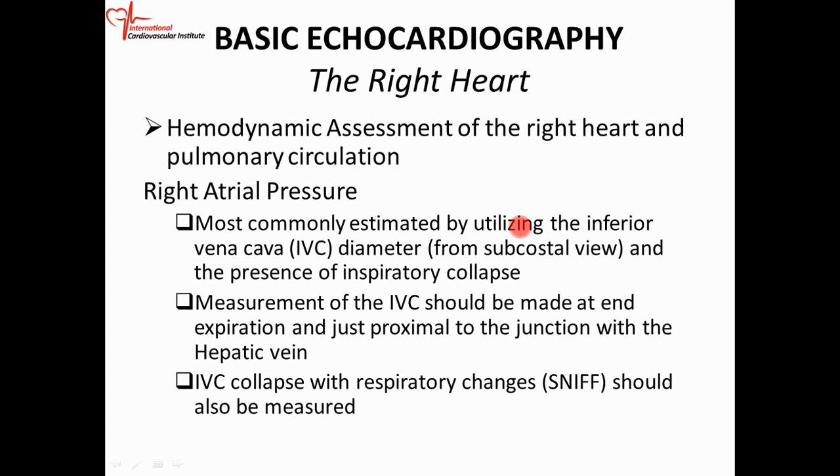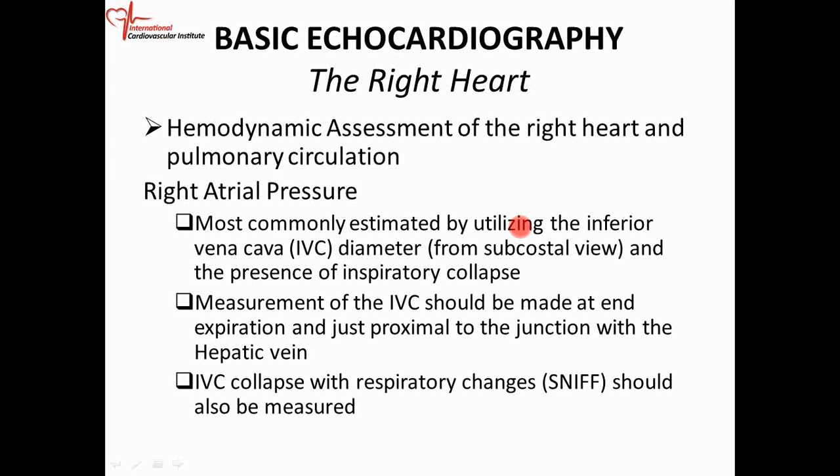So what they do, they measure the IVC, the inferior vena cava. Remember, the inferior vena cava empties into the right atrium, and when you do your subcostal view, you can see that. You should measure it just before the hepatic vein enters the IVC.